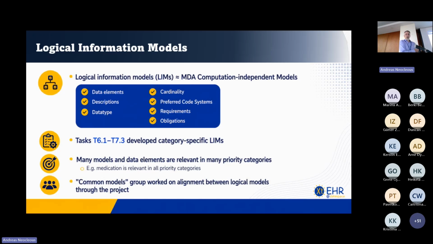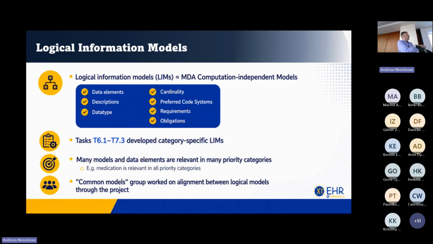We added preferred code systems for at least many of the coded elements. We put in requirements where we put the source of the requirements. If something came from an ISO standard or the health network guidelines, that would be put into this part of the logical models. And in the end, we also added obligations.